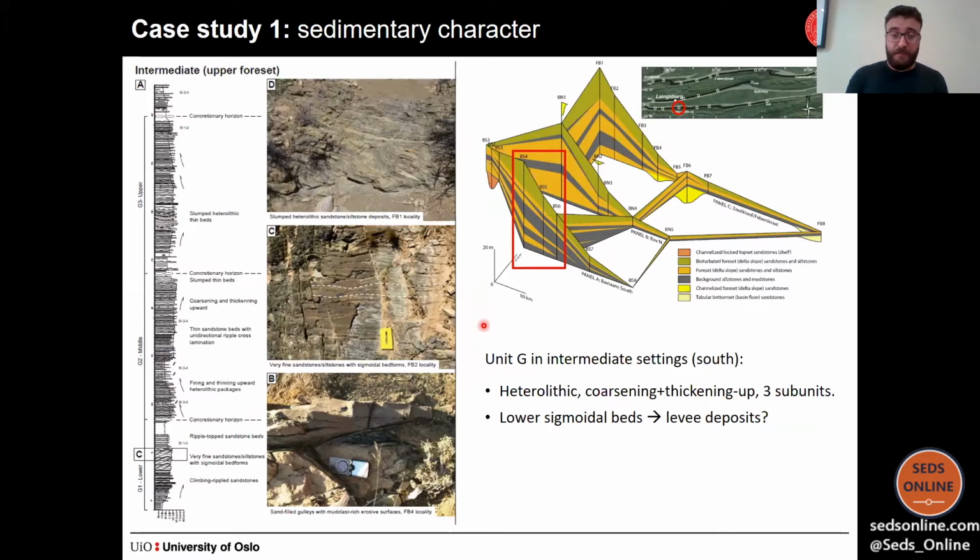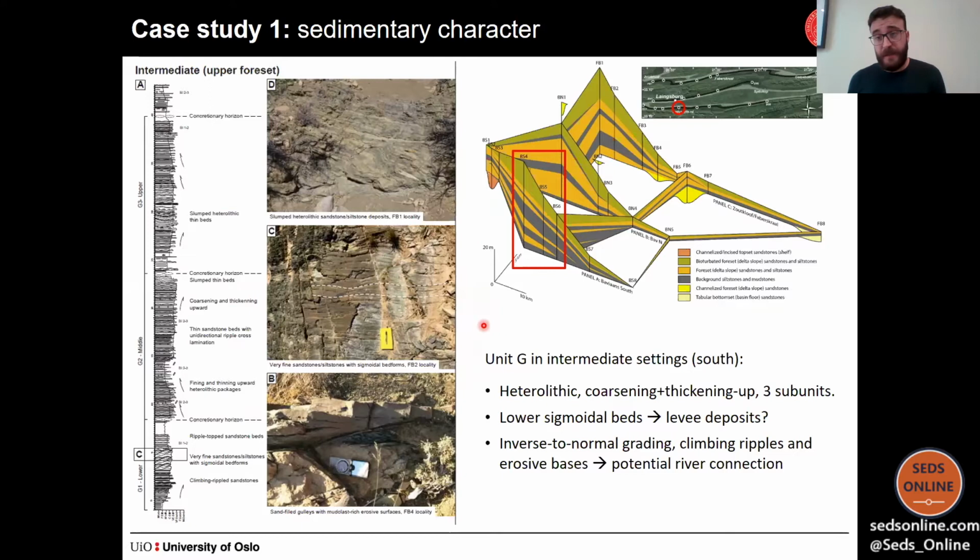We have sigmoidal beds that might suggest some levee deposits, even though we never saw any related channel. But this can also be related to some stoss-side preserved climbing ripples, so high sedimentation rates. We saw a lot of inverse to normal grading, and then some erosive bases, which might suggest a potential river connection.